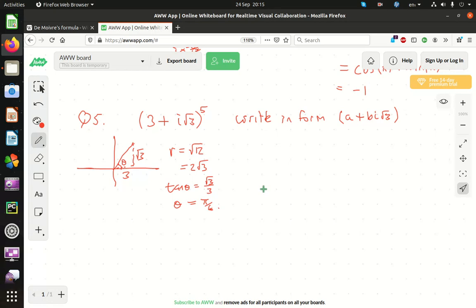Okay, so what are we going to do? We're now going to rewrite this, now we know what the complex number in here is in modulus argument form. I can write it as 2 root 3, and maybe it's just nicer in e to the i theta format, e to the i pi over 6, to the power of 5, which equals, right, we've got to do 2 root 3 to the power of 5.